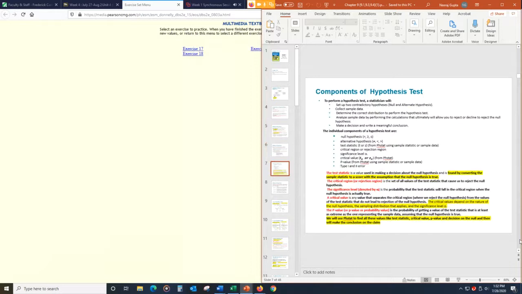So the components of hypothesis testing are these. First we have the two contradictory hypotheses, null and alternate. Then you collect sample data. Then you use the correct distribution, which we will do from PHStat. And PHStat itself gives us everything. What you need to point out is which one is your null hypothesis and which one is your alternate hypothesis.